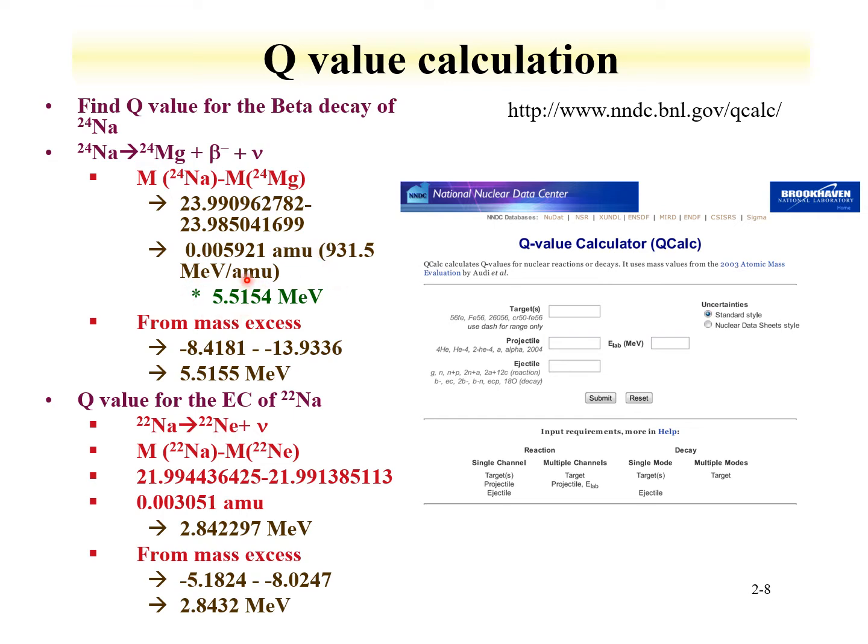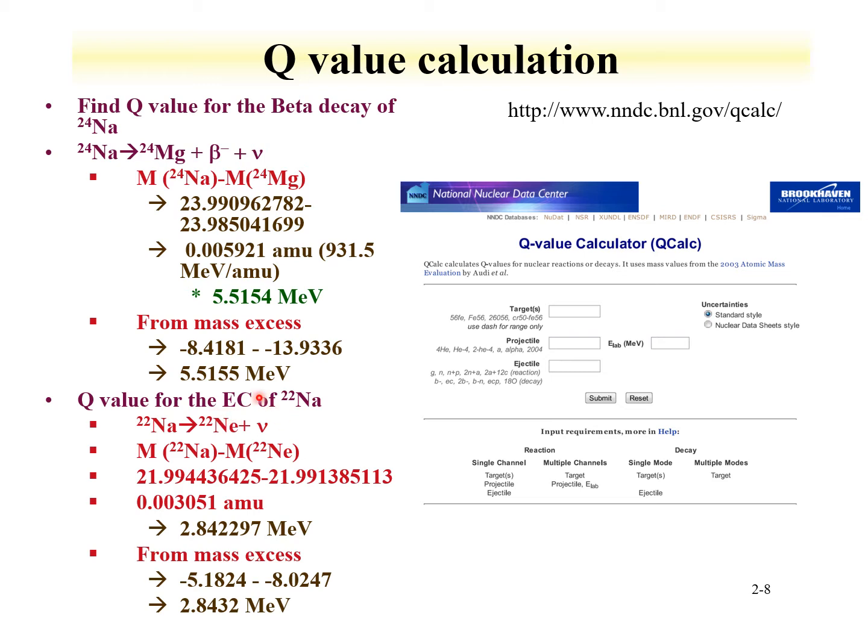You can determine it straight from the mass excesses, same sort of value, slight differences. You can also use the Q value calculator, which is available at this site. There's also another Q value calculator, but this one is suitable for most calculations. And you can do the same Q value reaction for any sort of nuclear reaction.